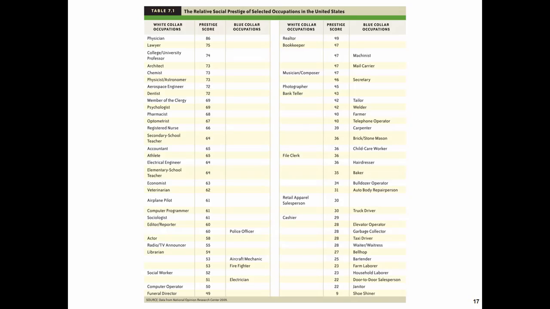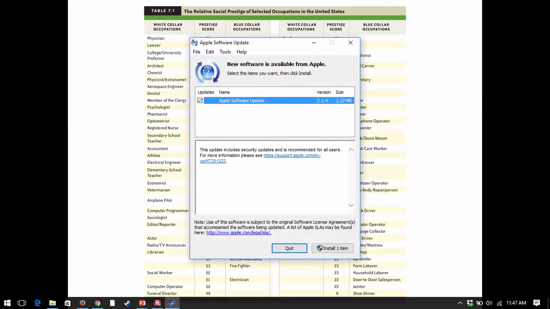We see toward the bottom of the second column people like truck driver, elevator operator, garbage collector. Those are people that we hold to have relatively low status in our society. And these people are ordered in terms of status in that prestige score.